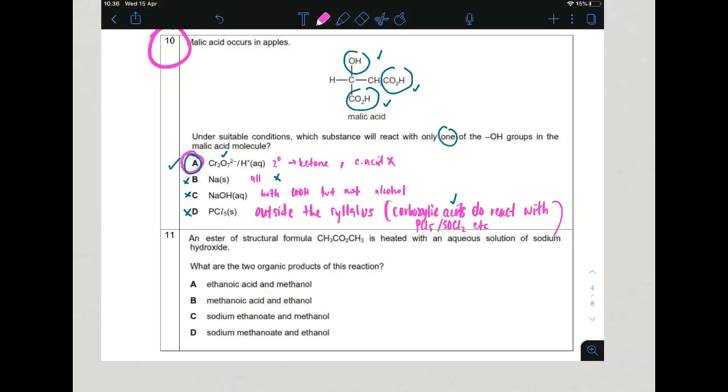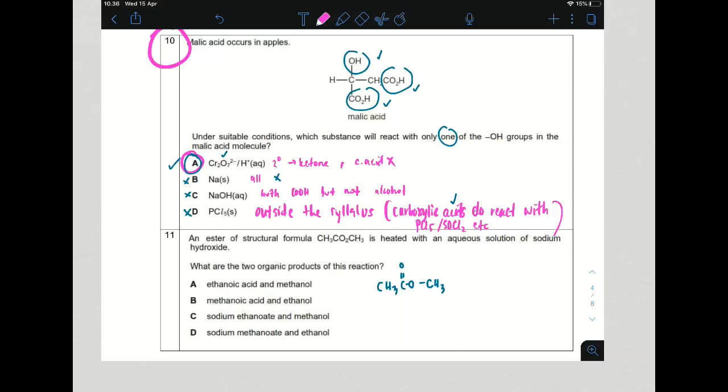Now for question number 11, an ester with the following structural formula is heated with an aqueous solution of sodium hydroxide, and we want the 2 organic products of this reaction. If I draw this molecule, you have C double bond O and then OCH3, and you are heating it with aqueous sodium hydroxide.